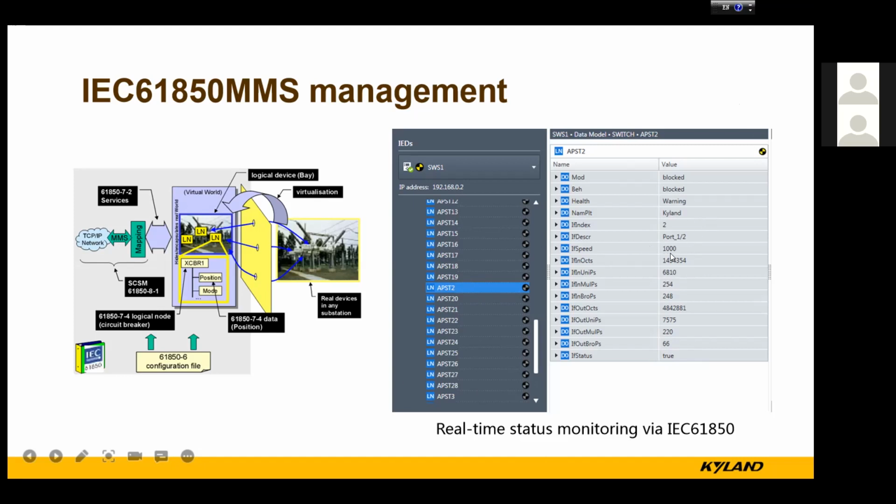And the speed is 1 gigabyte. It's working at 1 gigabyte speed. And the output and input packets here, the unicast packet count, the multicast packet count, and the broadcast packet count can all be displayed via MMS packets.